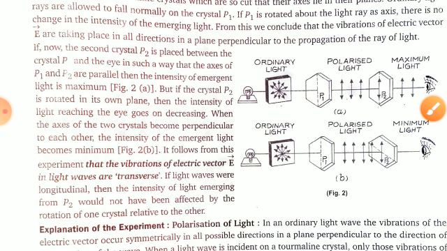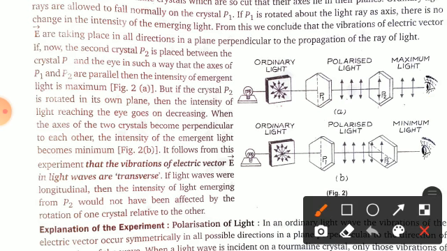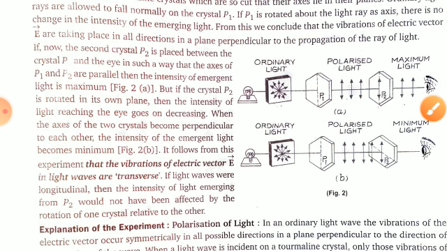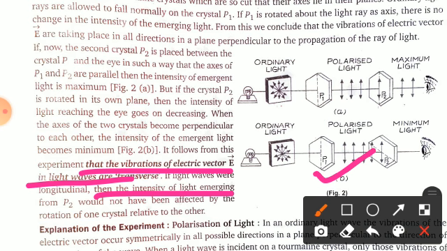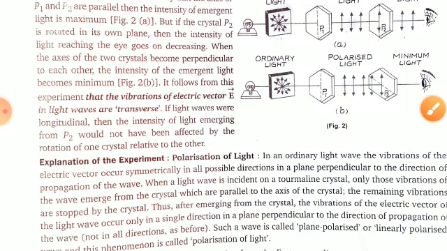When the axes of the two crystals become perpendicular to each other, the intensity of the emergent light becomes minimum. You can see this in figure B. So it follows from the experiment that the vibrations of the electric vector E in light waves are transverse. If light waves were longitudinal, then the intensity of the light emerging from P2 would not have been affected by the rotation of one crystal relative to the other.